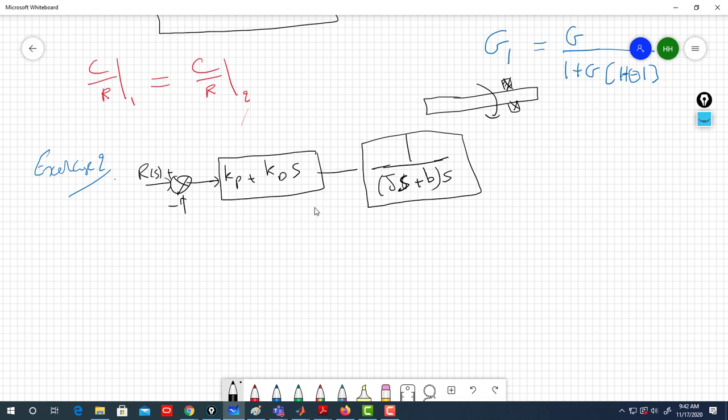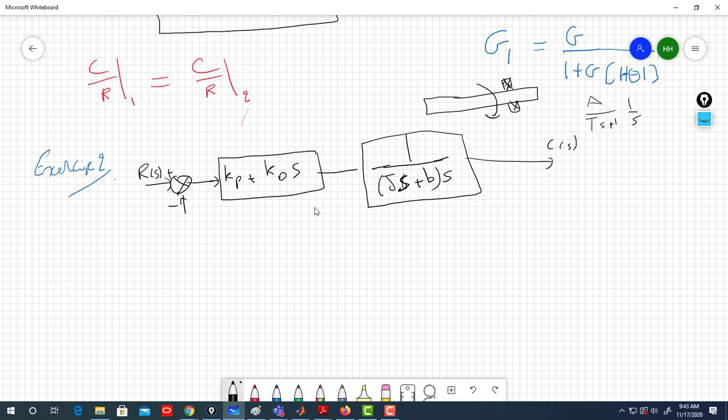So that's the system. It's also similar to a DC motor position control. You remember it was A over S(TS plus 1). It's a similar system also. We are doing position control for the angular position of the shaft or of the DC motor. So it's the same, but this is not the point now.